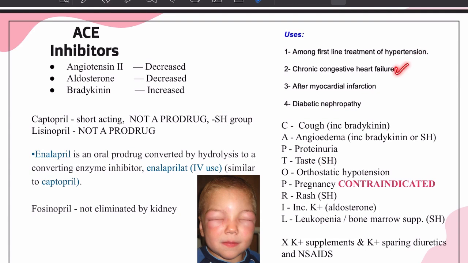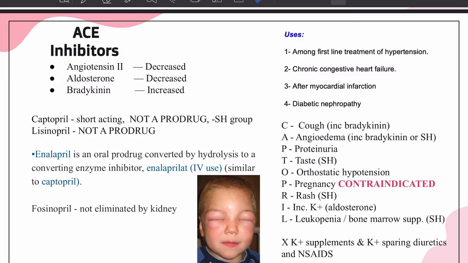Now for heart failure, the reason that it does that is because of a concept of afterload. Basically, again, ACE inhibitors are working to decrease peripheral resistance. Since I've decreased peripheral resistance, I've dilated the blood vessels. Heart failure is the idea that the heart cannot pump properly.